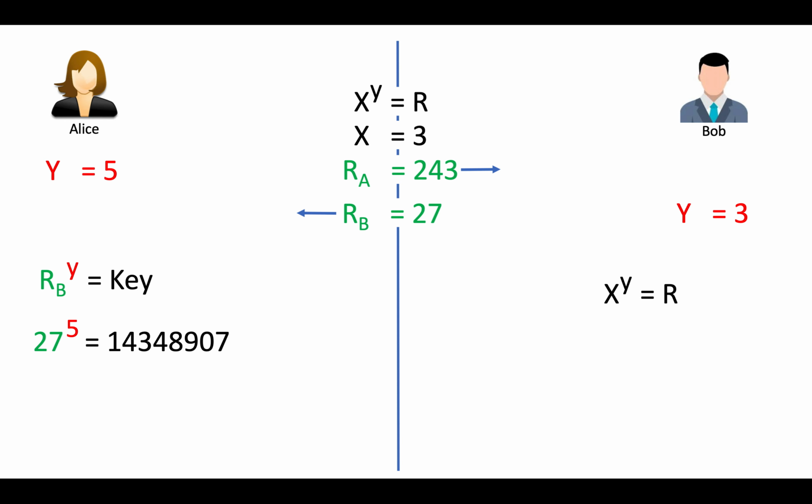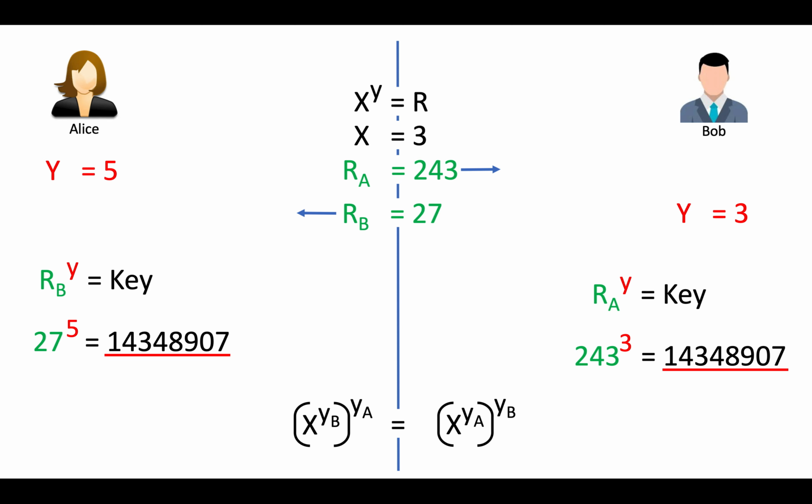On the other side, Bob also considers the same formula, replaces x with RA, and calculates the key. Here you can see that both have kept their y value secret and still derived the same key. The essence of the formula is this. I hope you understand this method.